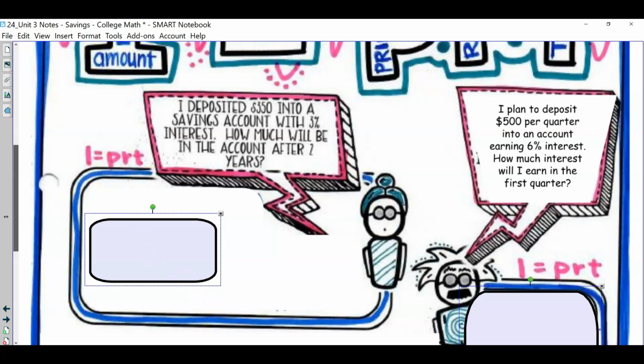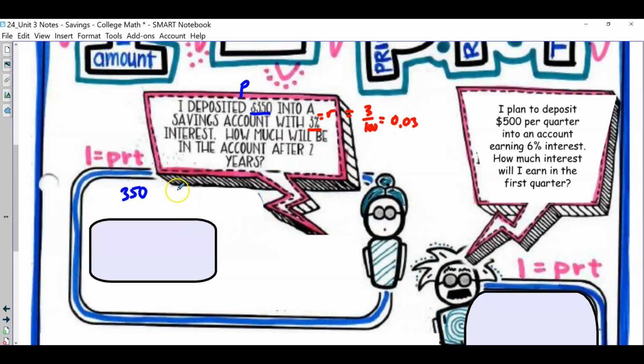So if I'm doing this one, I'm also looking at the colors. I'm going to color code. So my principal amount here is what we deposited. That's going to be my 350, so that's going to be P. I'm going to use the rate. They gave me a 3%, so that's going to be my R. But remember, rate has to be a decimal, so we're going to do 3 over 100, which also is the same thing as 0.03.